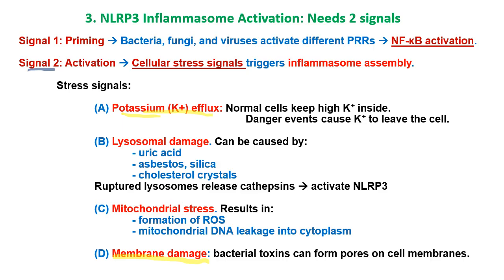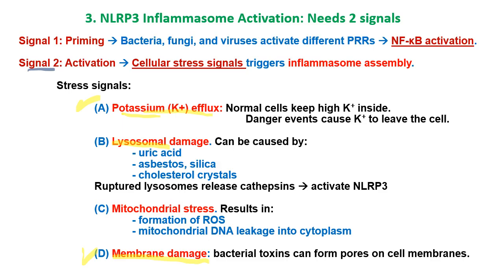And once the holes are there, then the potassium can come out of the cell, right? So potassium efflux goes hand in hand with membrane damage, right? This is a stress signal. But you could also have lysosomal damage.